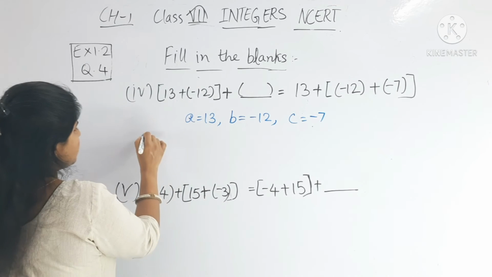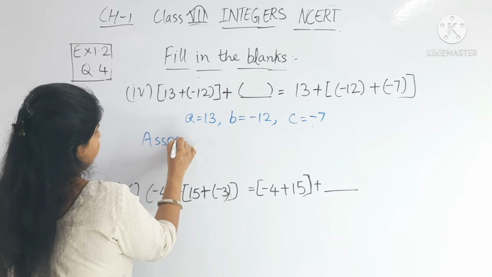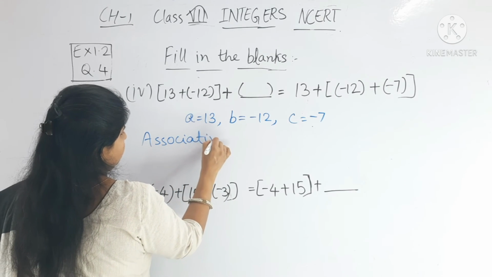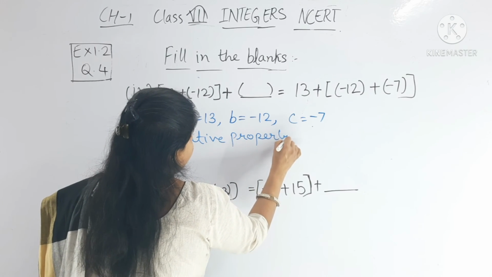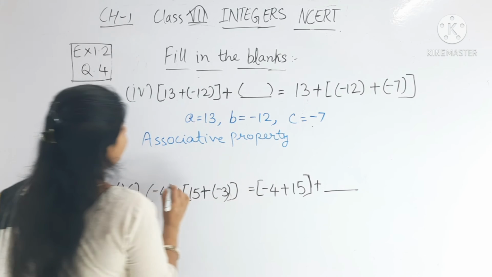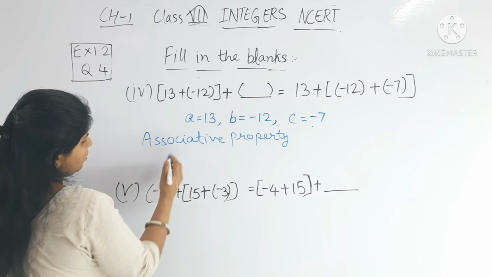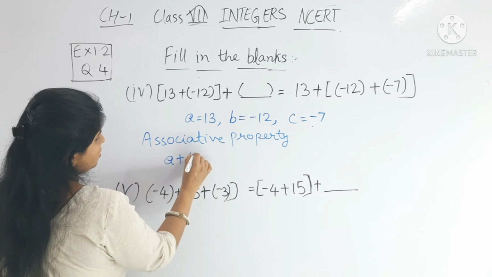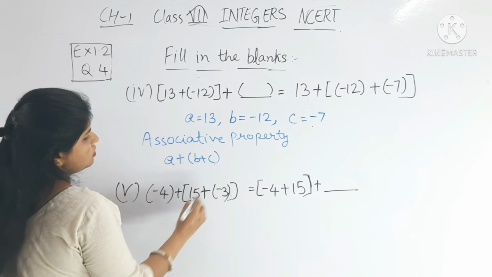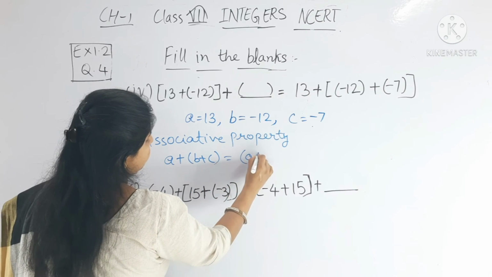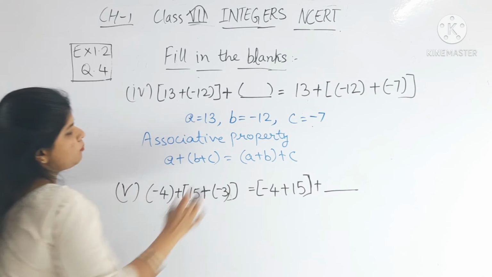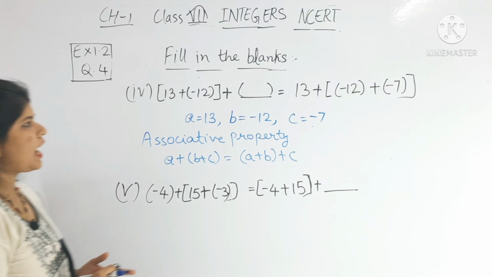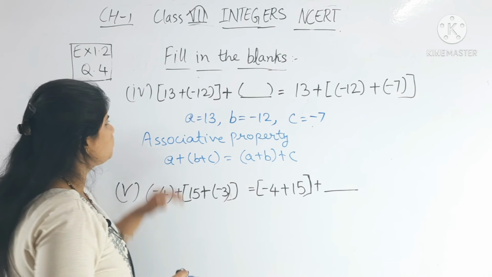So by associative property, what the associative property says, A plus B plus C is equal to A plus B plus C, with the grouping changed. That is the associative property of addition of integers I had told in the introduction part.